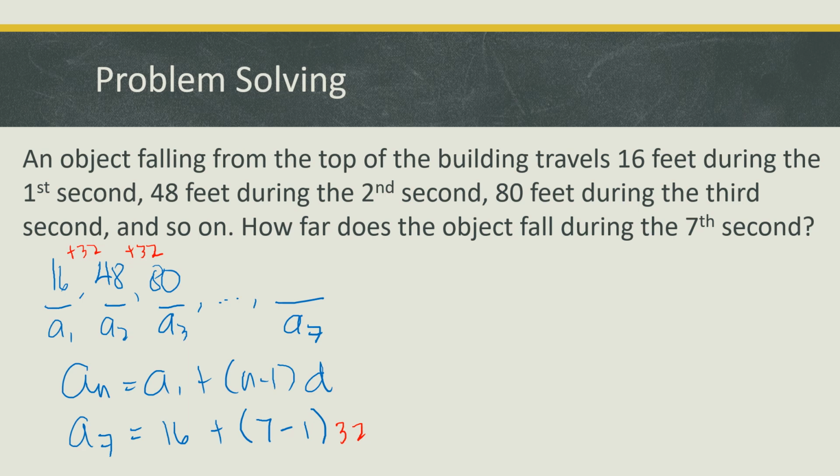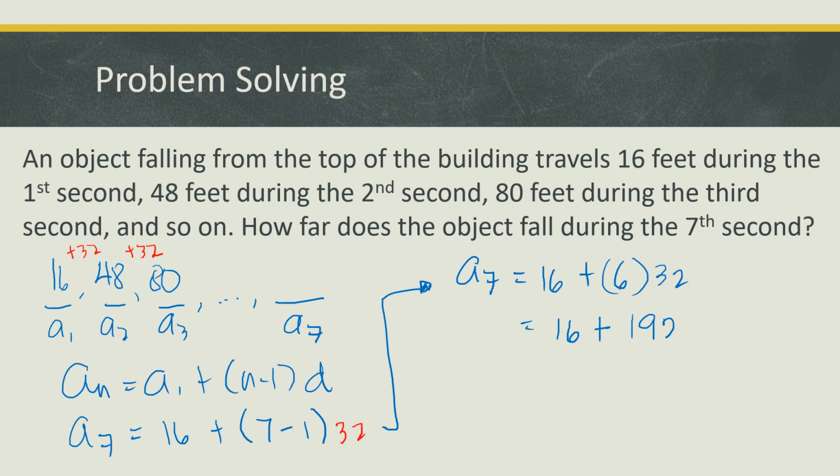Then continuing the process, a sub 7 is equal to 16 plus 7 minus 1, which is 6, multiplied by 32 as our common difference.